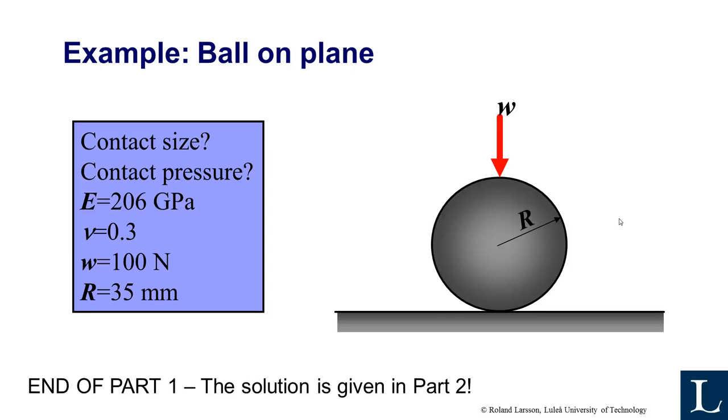If you know that the ball and also the plane are made of steel, the load is 100 newtons and the radius of the ball is 35 millimeters. Make a guess first, and then you use the theory to check if you made a good guess or not. And that ends part 1, and we will see the solution in part 2.